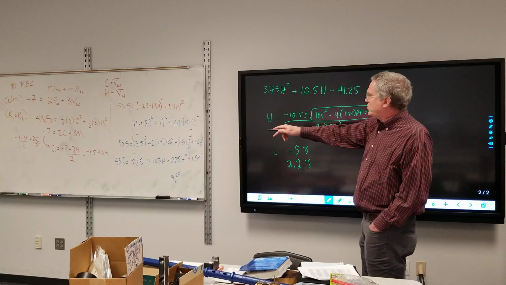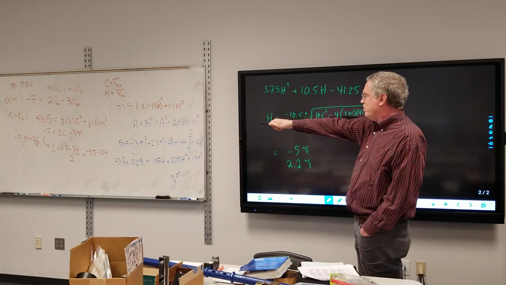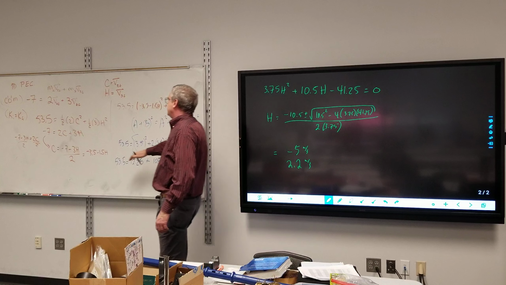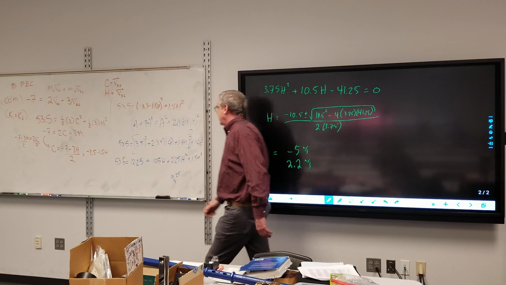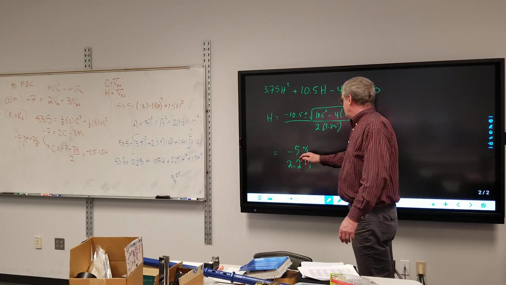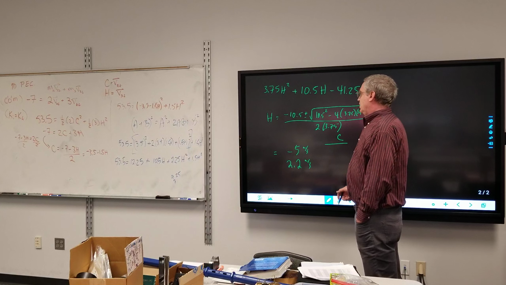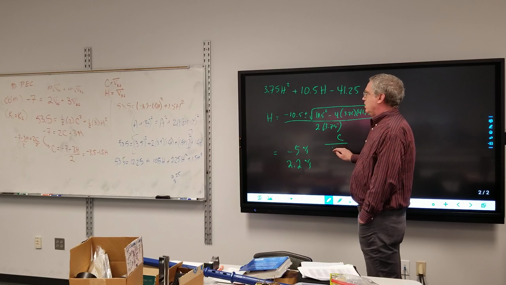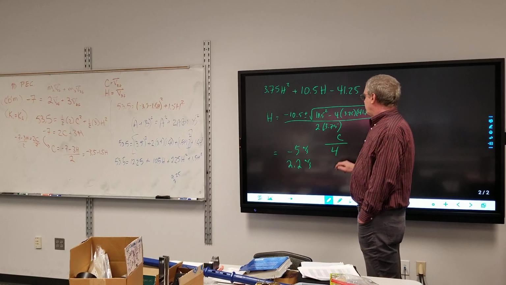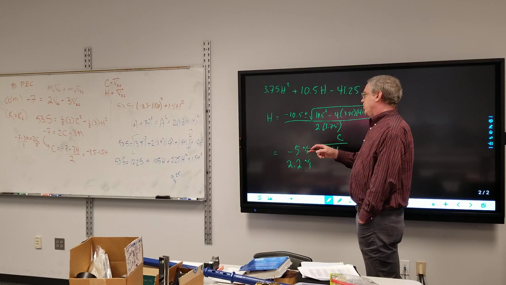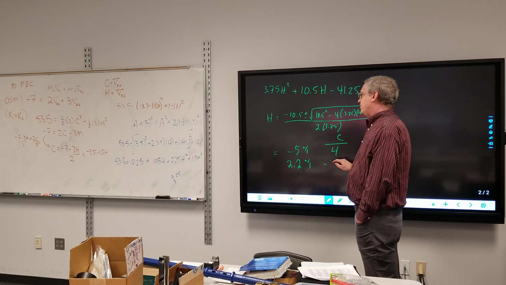All right, I know that C is equal to negative 3.5 minus 1.5 H. So we can find out the value of C, so that was H right there. Therefore, if we stuck negative 5 in, we'd end up with 4. And if we stuck 2.2 in, negative 5.8.